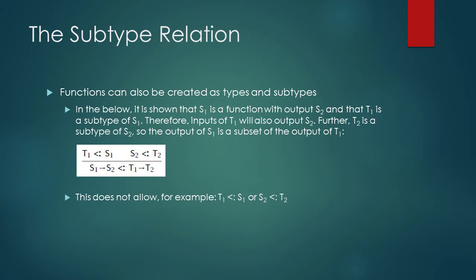S2 being a subset of T2, that does not inherit any outputs because, as we can see, T2 doesn't map to anything. Additionally, with S1 being the supertype of T1, that doesn't necessarily mean that S1 maps to T2 because of the subtype relationship.